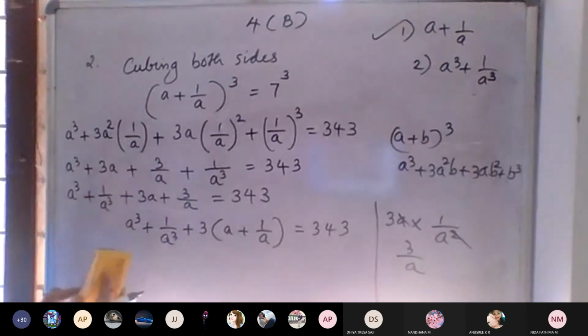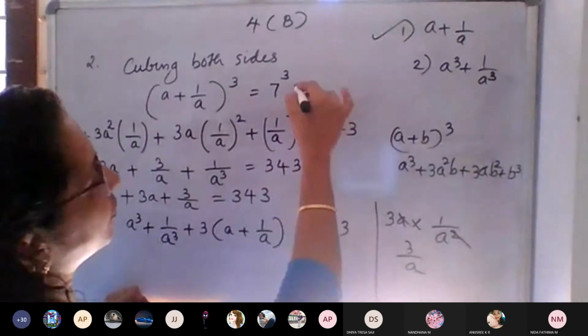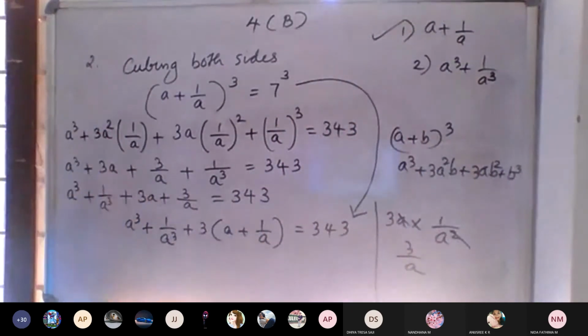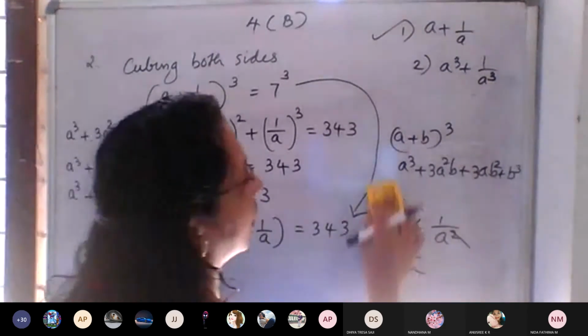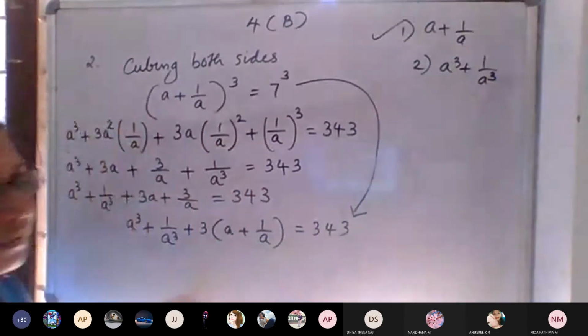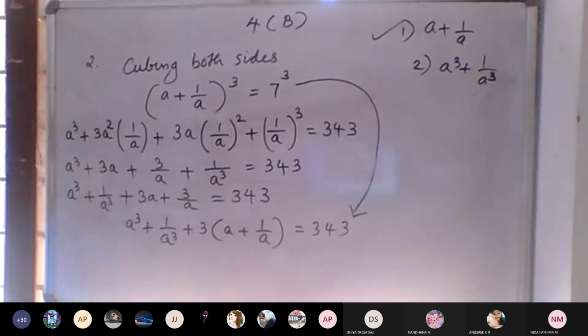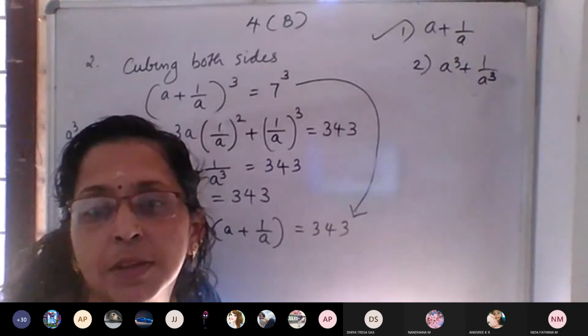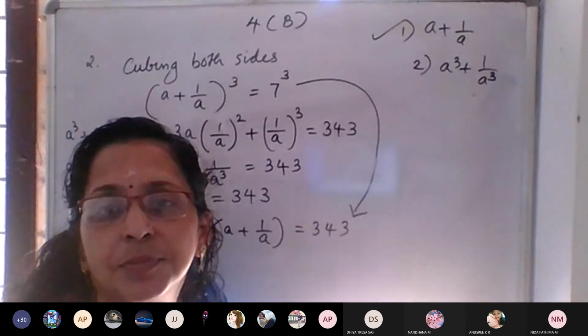So if you study the formula from the first step, you can directly reach here. Otherwise, you have to do these 3 steps. Which one is better for you? How many are interested in the formula method? Please raise your hands.